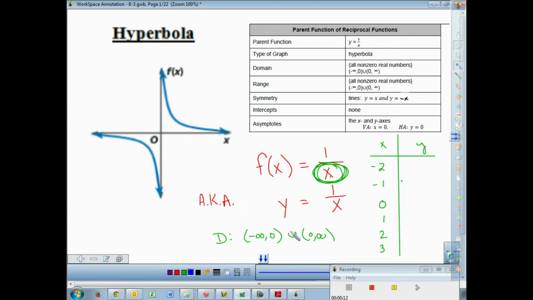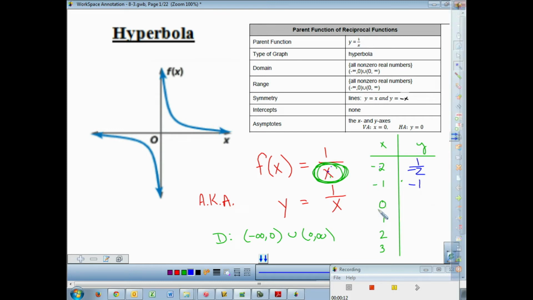Well, I got a table of values here which you don't have to make. Let's just figure some stuff out. If I put a negative 2 in for x, what would y turn out to be? Negative 1 over 2, correct? If I put a negative 1 in there, what would y turn out to be? Negative 1 over 1, which is plain old negative 1.